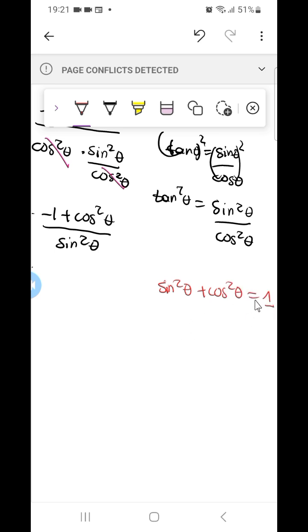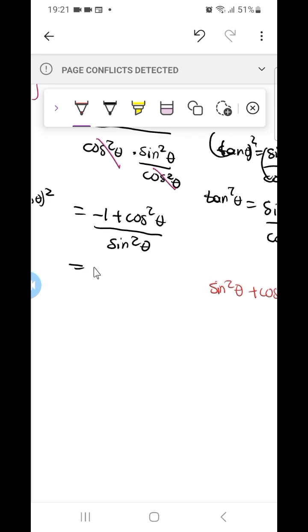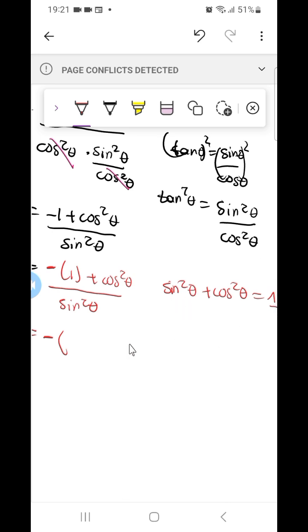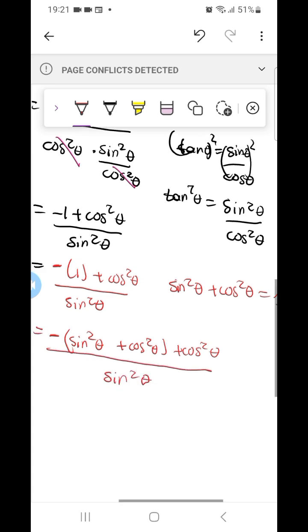So this 1 is basically negative, and then you have 1 inside your bracket, and then this is cos squared theta over sine squared theta. So you take the negative. Remember that your 1 is equal to sine squared theta plus cos squared theta. So you'll have sine squared theta plus cos squared theta, and then you add cos squared theta, and here you divide by sine squared theta.